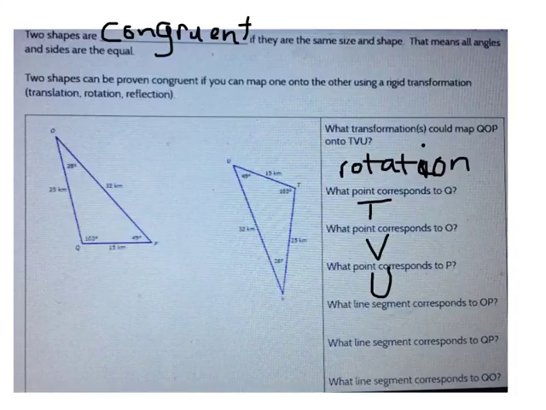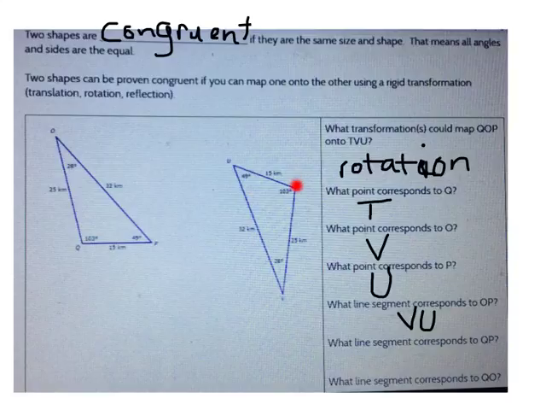So I need to look for the line that's the exact same as O to P. If V corresponds to O and U corresponds to P, then VU is the line segment that corresponds to OP. What line segment corresponds to QP?